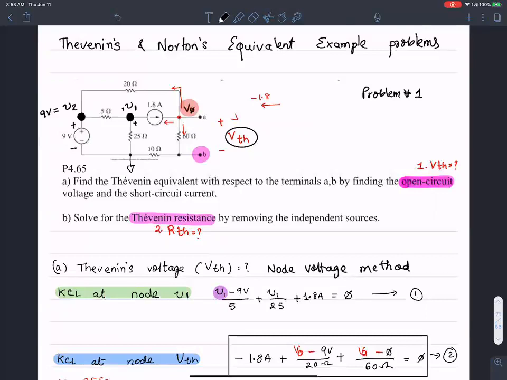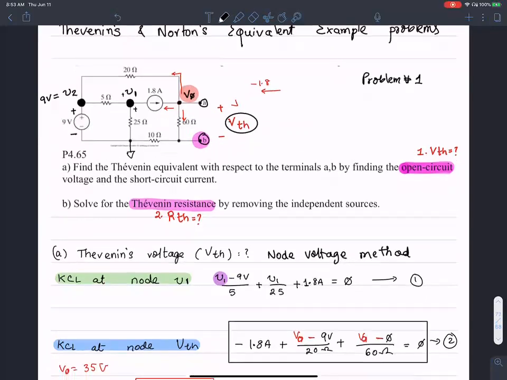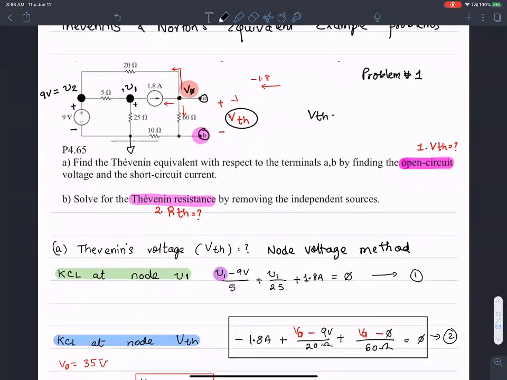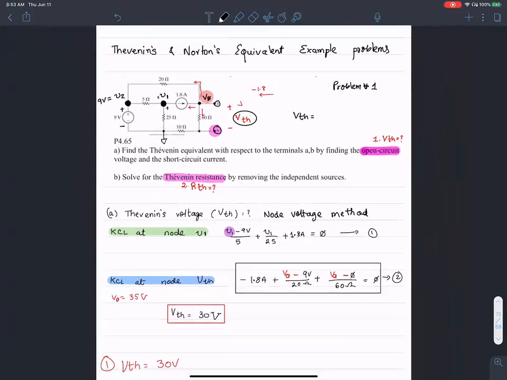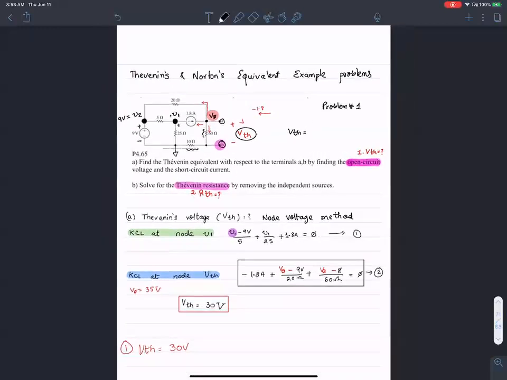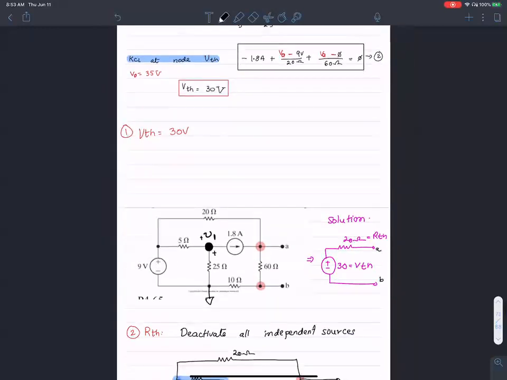I called this node V0, the voltage at that node, and the voltage between A and B to be VTH. So V0 and VTH. In order to find VTH, all I did was a voltage division between the 60 ohms and the 10 ohms.